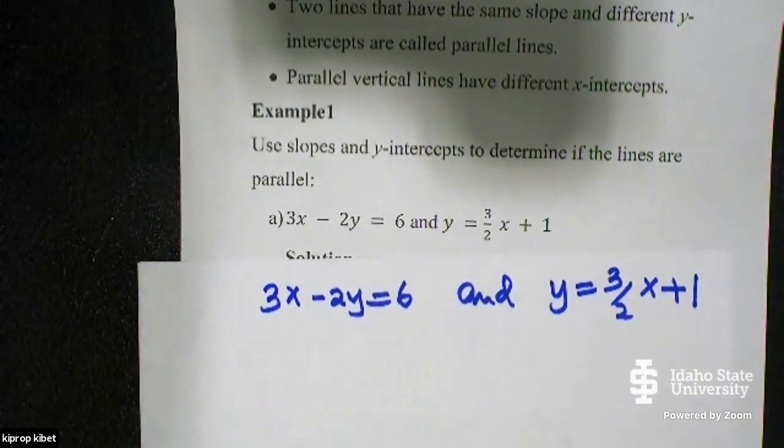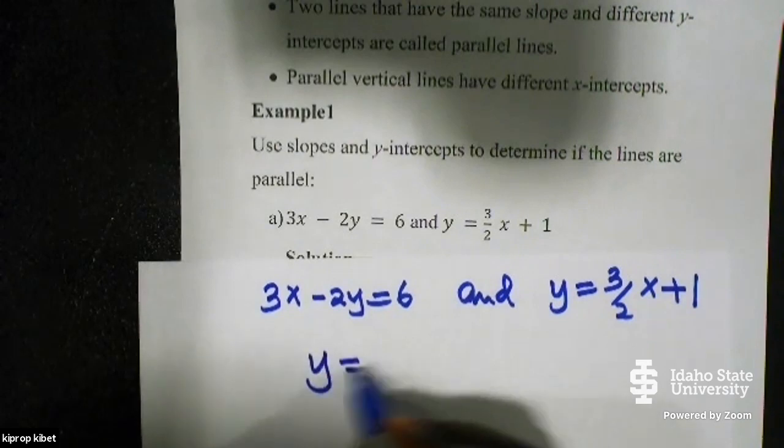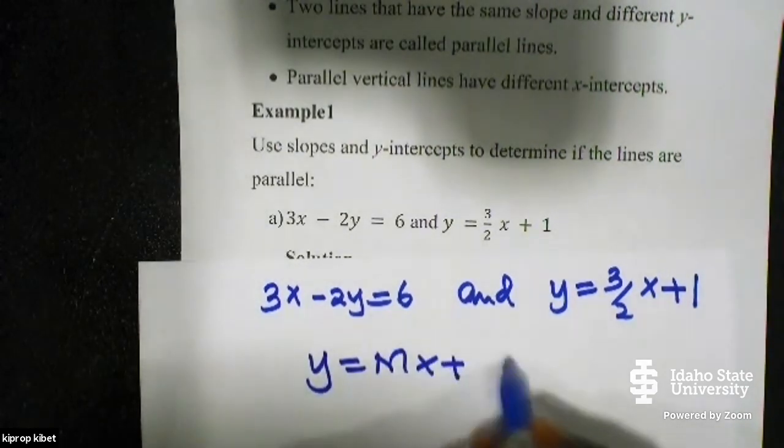To check whether they have the same gradient, you write this in the slope form, which we wrote last week, where you can write this in the form y equals mx plus c.